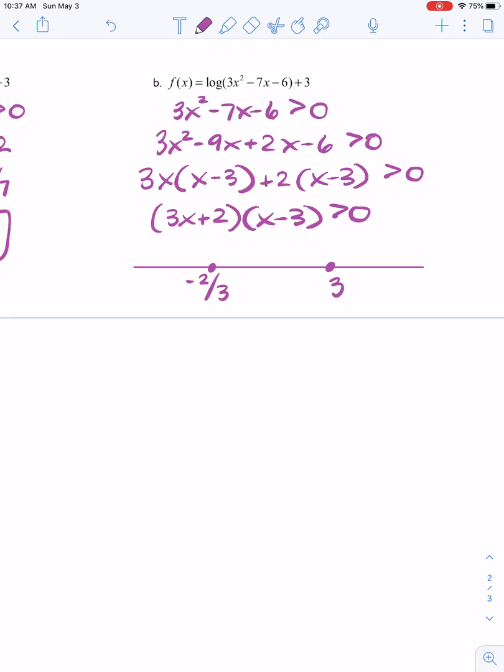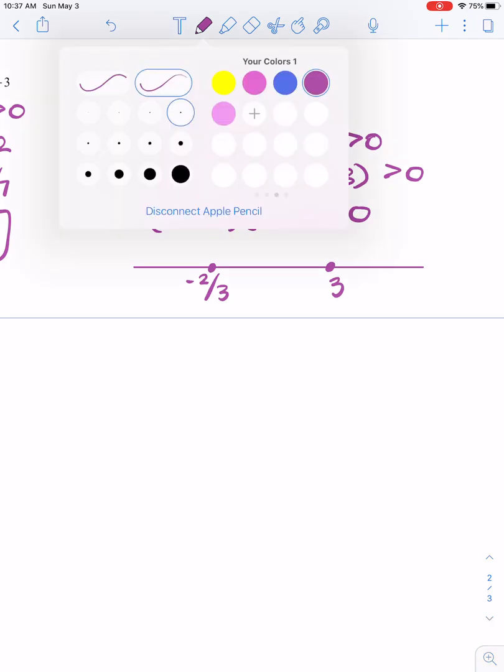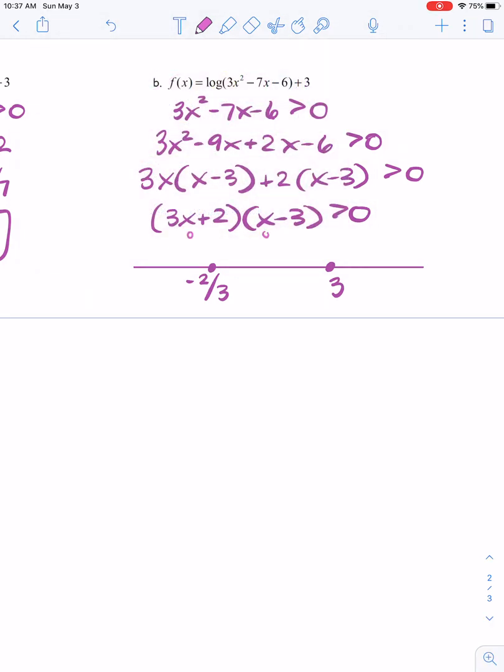If I plug in 0 for x in both of those factors, I would get 3 times 0 is 0, plus 2 is 2, that's a positive number, times 0 minus 3 is -3. 2 times -3 is a negative number. Is a negative number greater than 0? No. This is a negative value. None of the region between -2/3 and 3 is going to be shaded because it doesn't make that statement true.